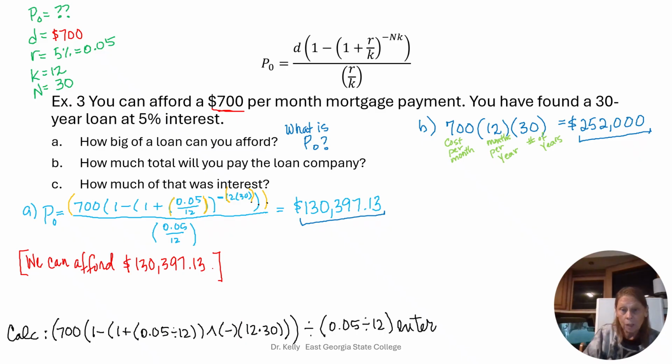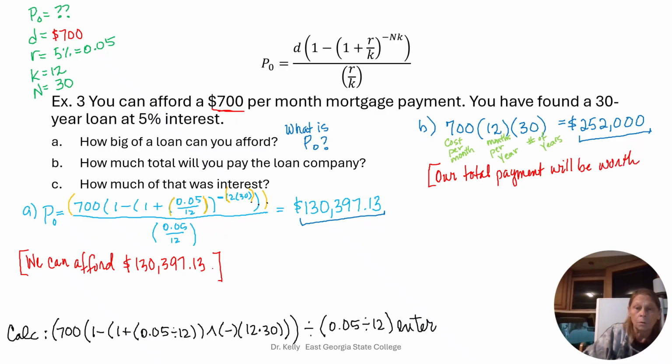Okay, so that is part B. Let me write a little sentence for that. So we will say our total payments will be worth $252,000.